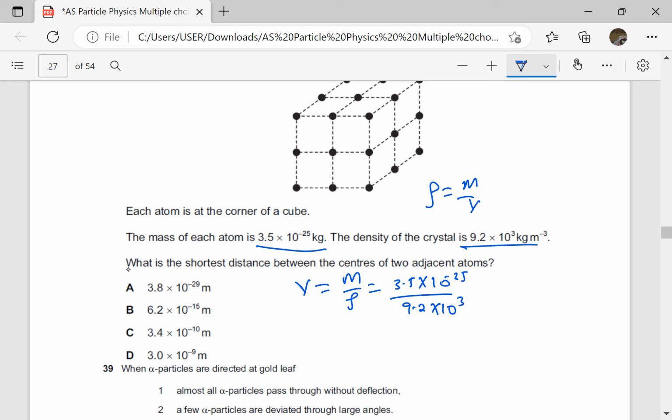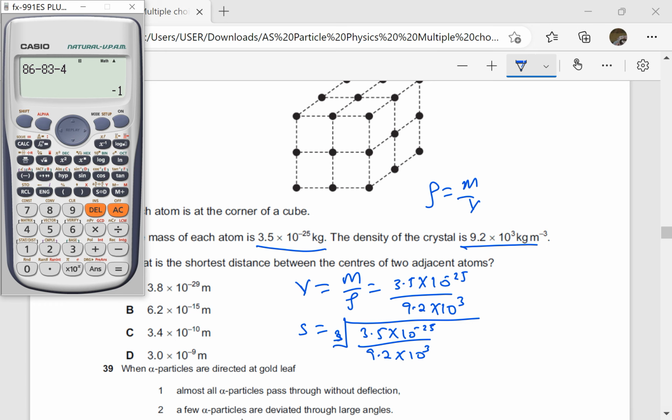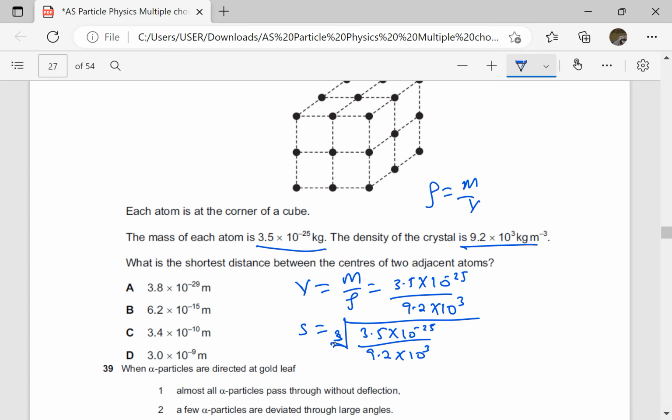Remember, volume is side cubed. So for the side, I'll find the cube root of 3.5 times 10 power -25 divided by 9.2 times 10 power 3, because volume is side times side times side.